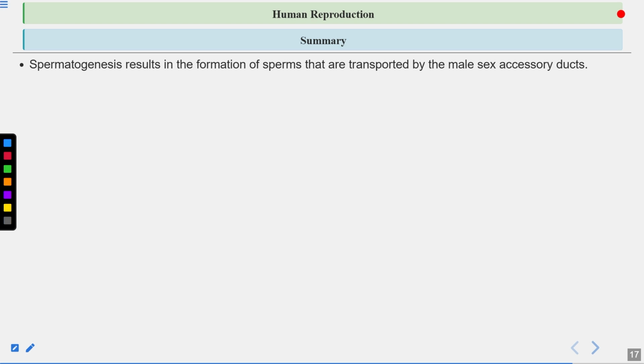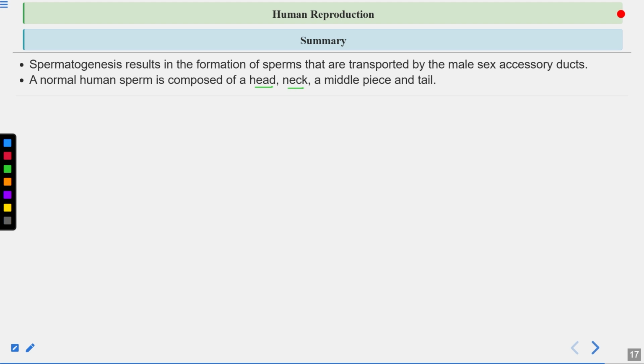Now, let's summarize this entire lecture. Spermatogenesis results in the formation of the sperms that are transported by the male sex accessory ducts. A normal human sperm is composed of head, neck, middle piece, and tail. So, you should know the structure of the sperm as well. You should know why the mitochondria are present in the middle piece and how the energy is provided for the motility of the sperm.